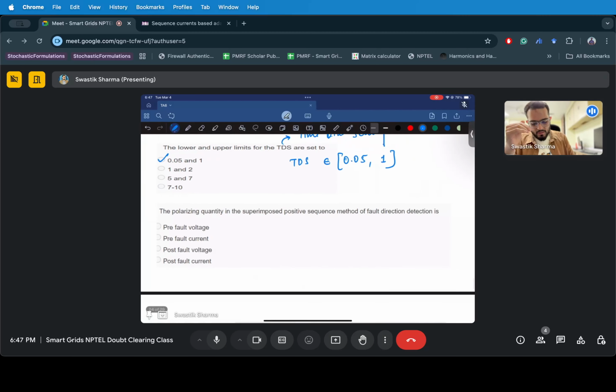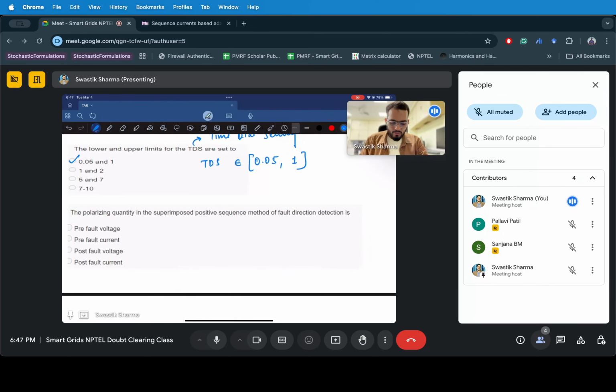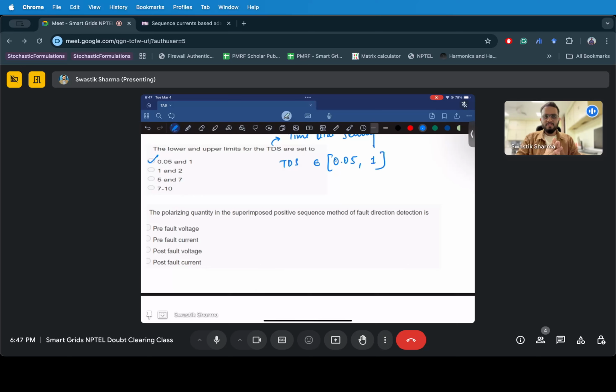Next, what is the polarizing quantity in the superimposed positive sequence method of fault direction detection? We discussed this. In the superimposed positive sequence method, the first method we discussed, the delta phi f1 angle that we were measuring was across which polarizing quantity?